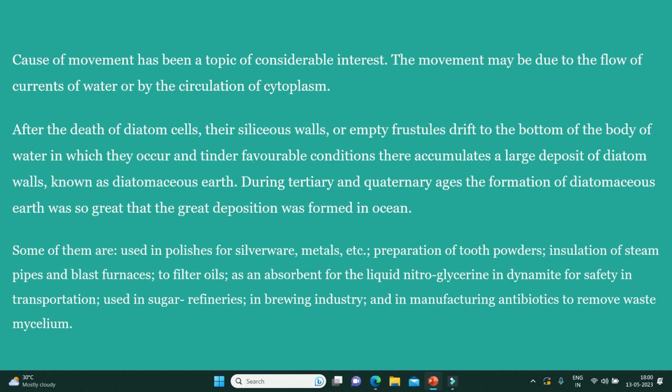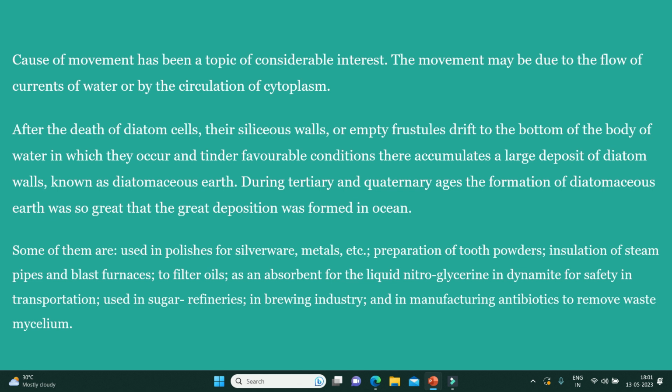Next, the cause of movements has been a topic of considerable interest. The movements may be due to the flow of current of water or by circulation of cytoplasm.